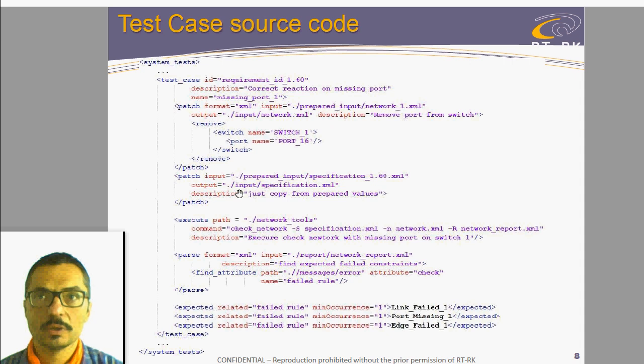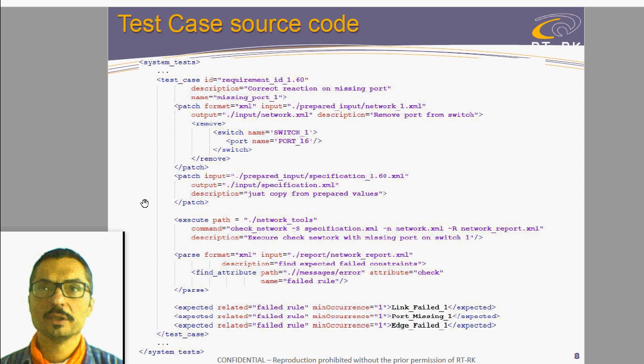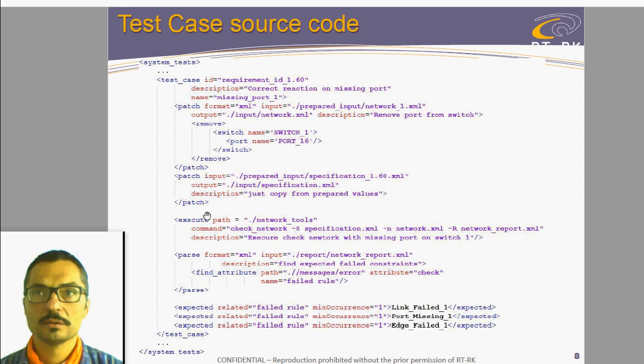It patched this file, network1, and put it in another folder. What it does is it removed this port, this node port with this name inside of the switch with this name. Another patch just copies from one folder to another, without any format changing or patching.